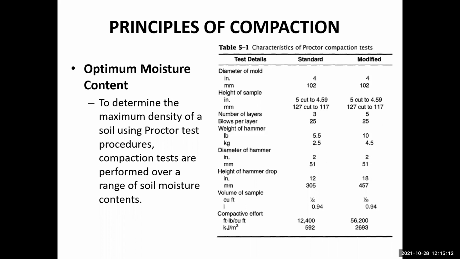Similarly, layer by layer, we perform that effort. After performing the specified amount of effort, the density of the soil is measured, and along with that, the moisture content of the soil is also measured.